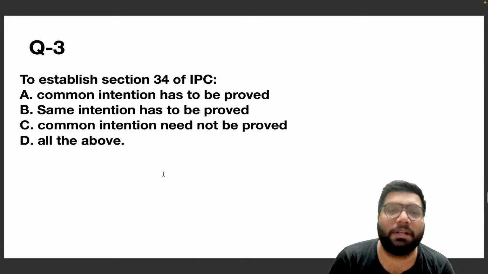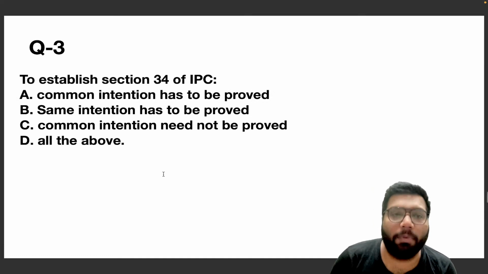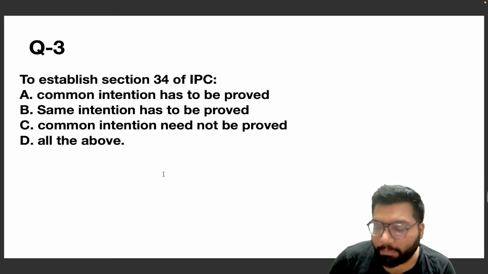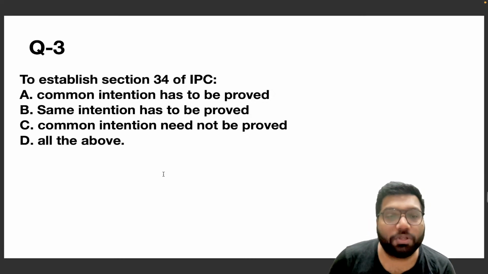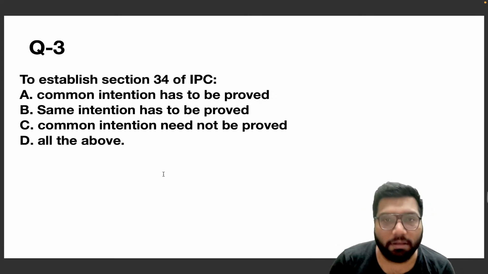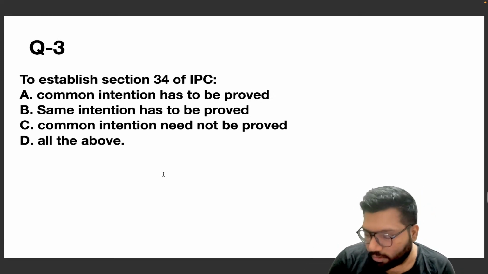Same or similar, not same or common intention. I'm not asking about same and common intention; you are answering about same and common intention, by the way. My question is same or similar. Now please answer. Okay, now everyone is answering no.